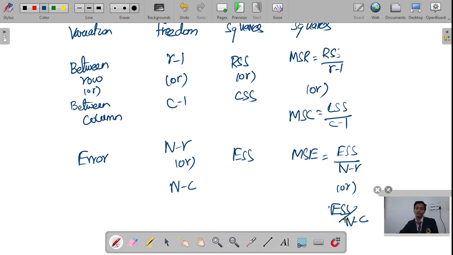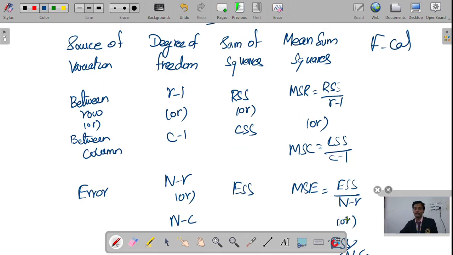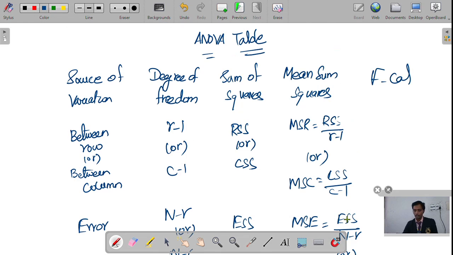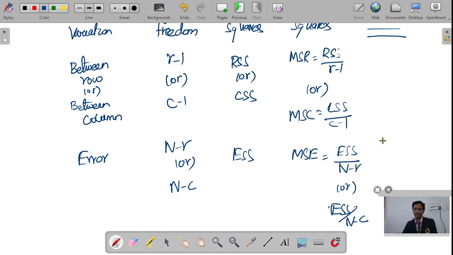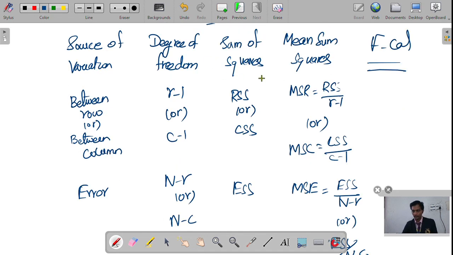Finally, whichever is greater you have to put in the numerator. For the Fcal value, if MSR is greater than MSE, then Fcal R equals MSR by MSE.